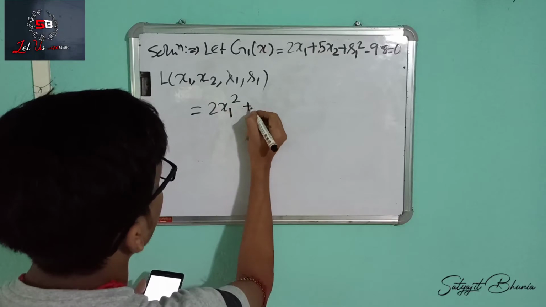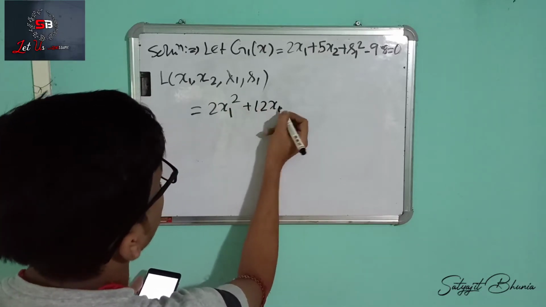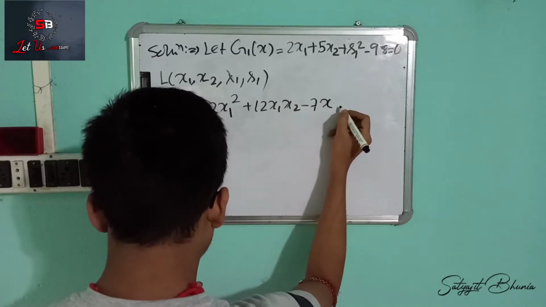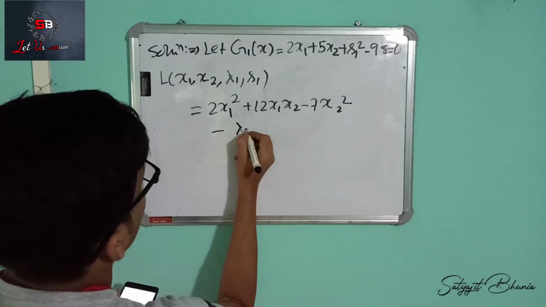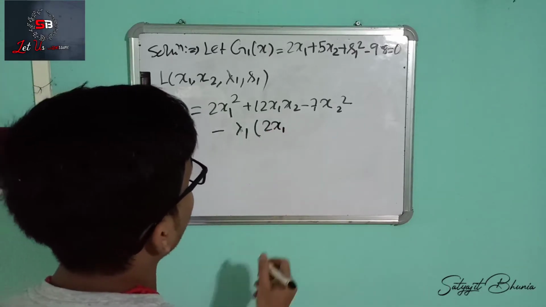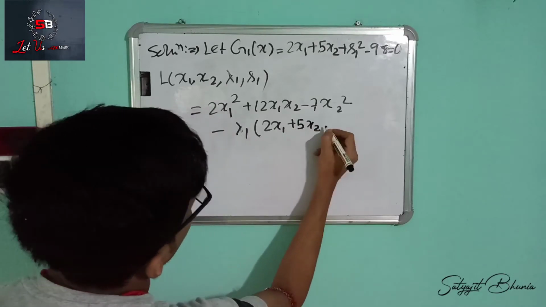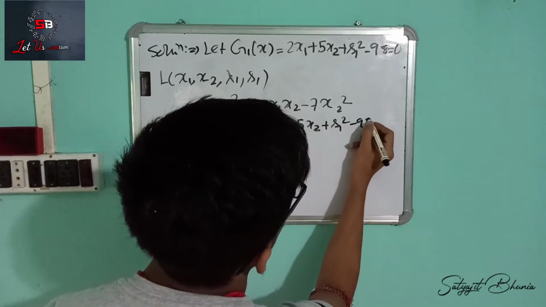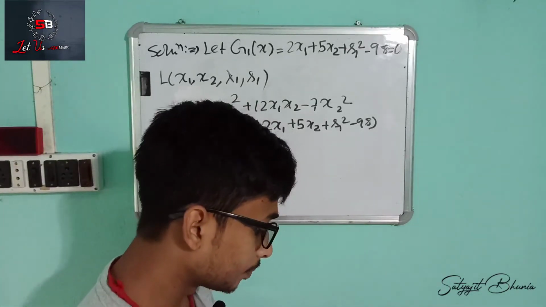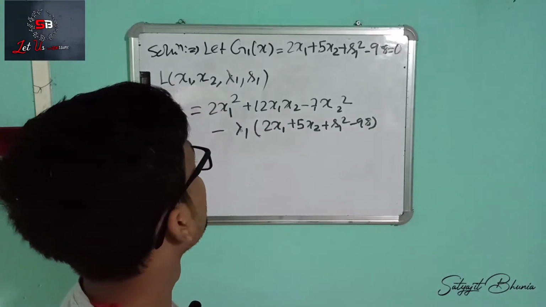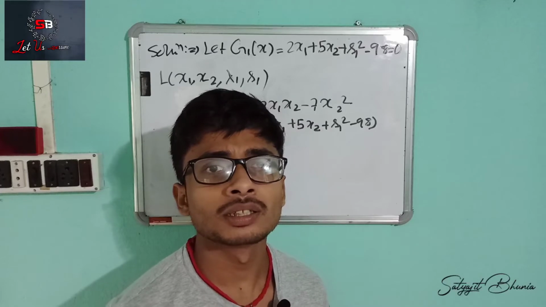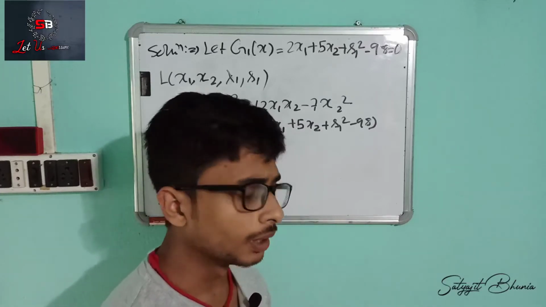First we have to write the objective function, then minus lambda 1 into the capital G1x, that is 2x1 plus 5x2 plus s1 square minus 98. This is the Lagrangian function, and now we will solve by putting the Kuhn Tucker conditions for the maximization problem.